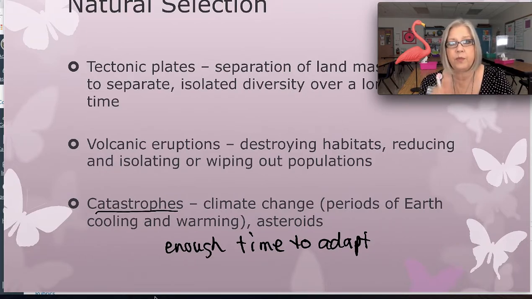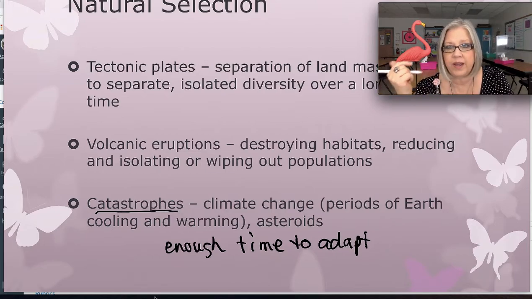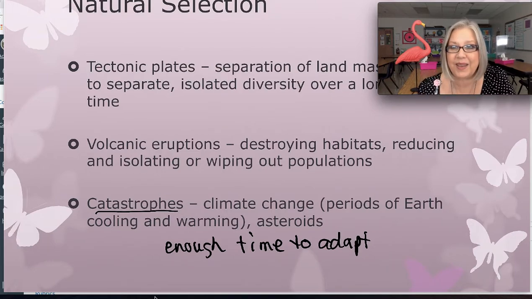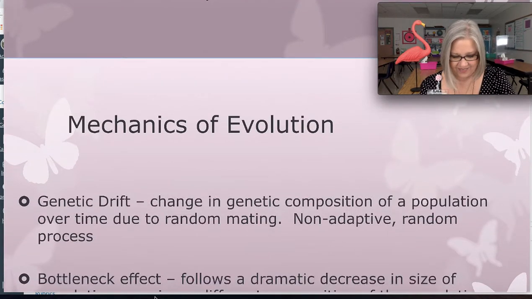So one of the problems that we're having now is with loss of biodiversity, we are going through very quick climate change, and species just don't have the time to adapt to it. Why? Because they need to breed and reproduce over and over and over to get those traits out the way they need to be.